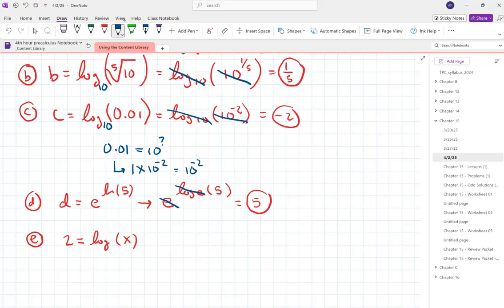So I have 2 equals log of x. So again, what's the base for log? 10. So if I want to get rid of log base 10 to get at the x, what's going to cancel out log base 10? The exponent base 10. So that's what I'm going to do to both sides.